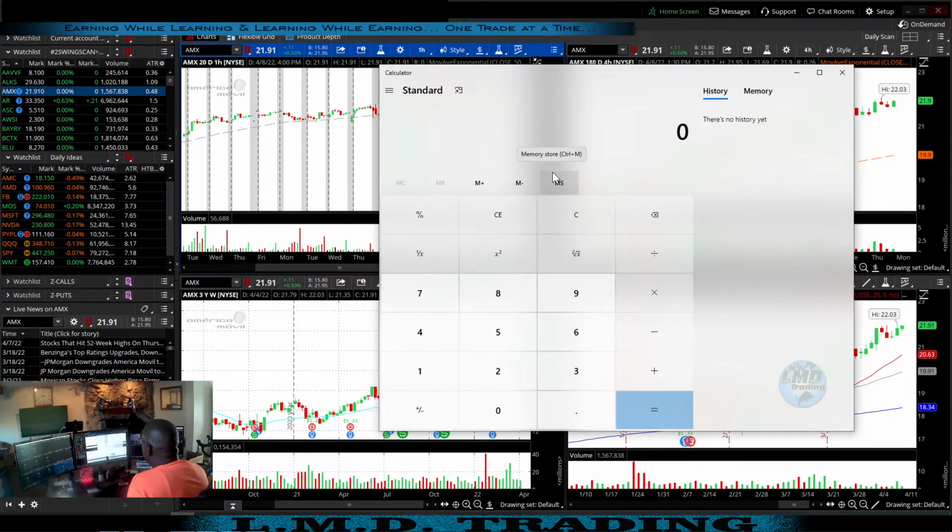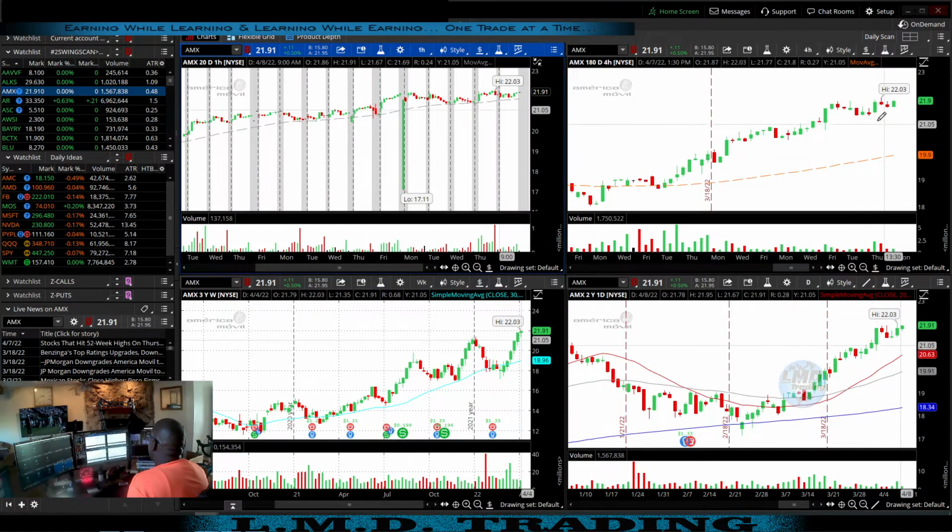So if I'm gonna risk $100 on that trade, I'll say $100 divided by 0.70. I need to buy 142 shares. So I would just round that off and say I'm gonna buy 140 shares. And that's how I would play that swing trade. I would play it breaking this high, giving it a wide stop, and then seeing how the trade works.